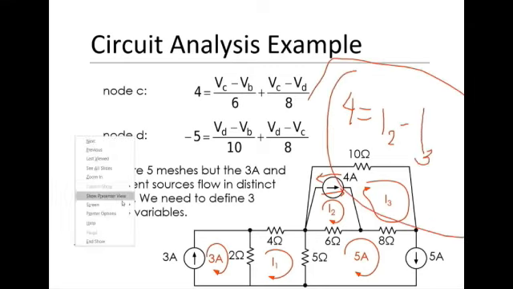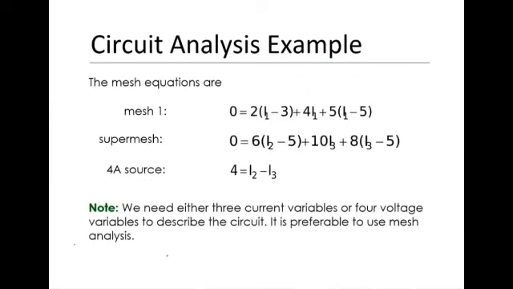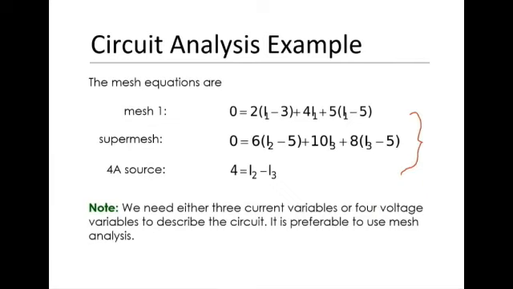All right. So this is now your system of equations, and since it's only 3 equations and 3 unknowns, as compared to your nodal analysis, which has 4 equations and 4 unknowns, it's actually easier to describe the circuit using your mesh currents.